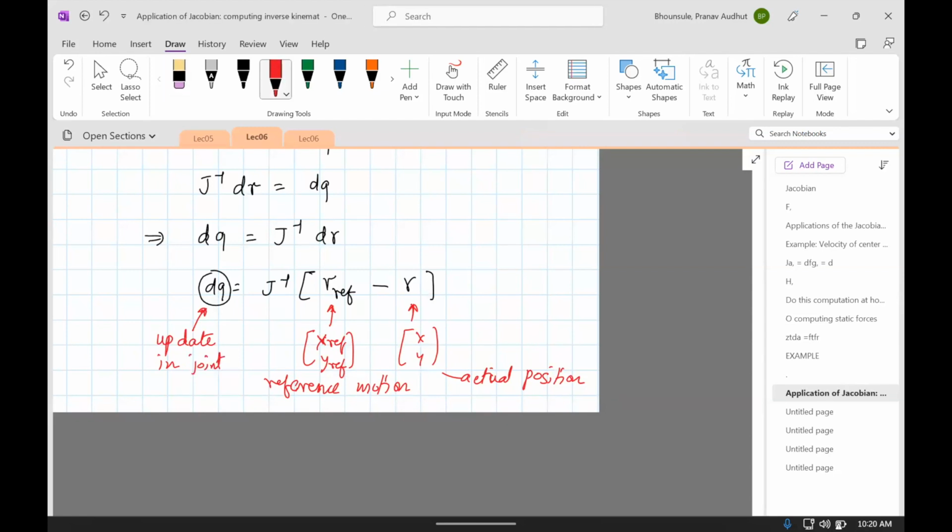If the actual position of the end effector is not exactly where you want it to be, then it tells you how much you need to change the angle. So we can just draw a figure to show that.